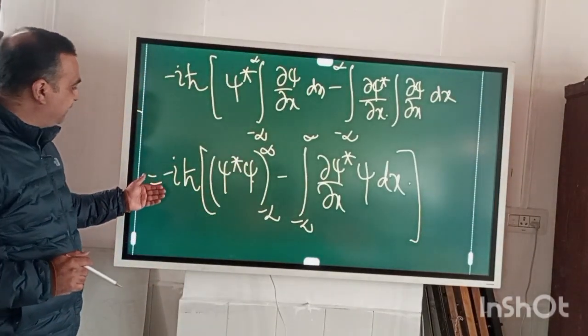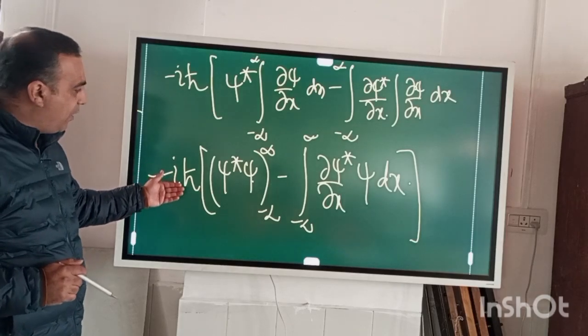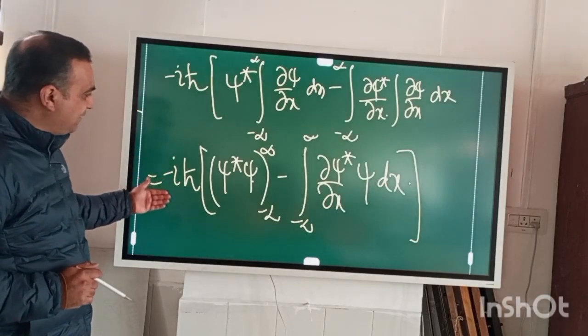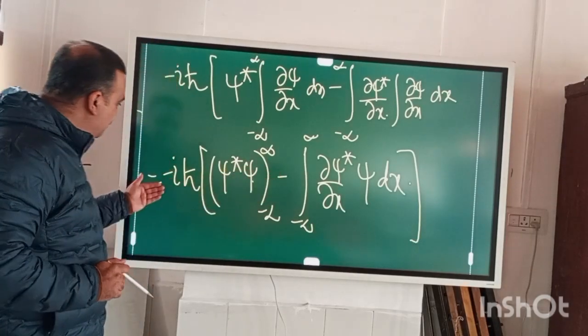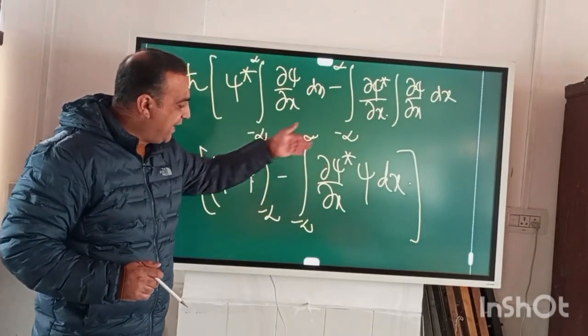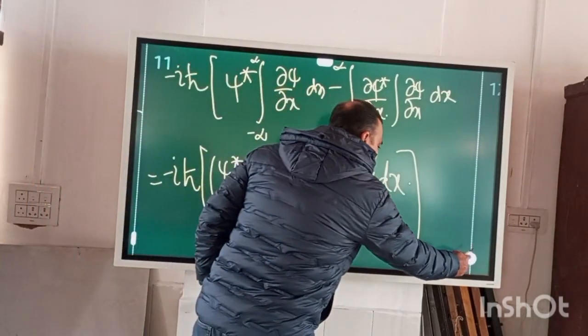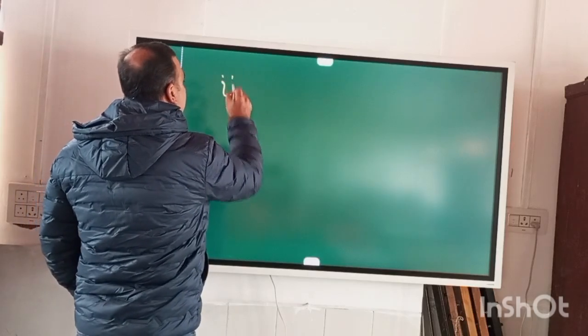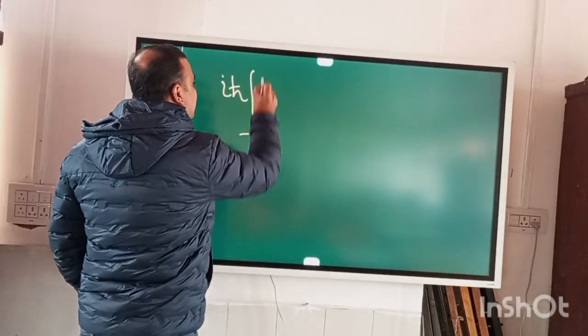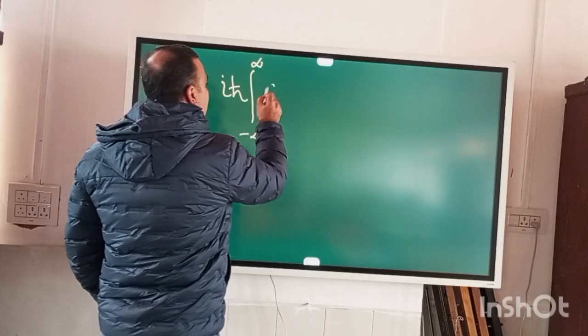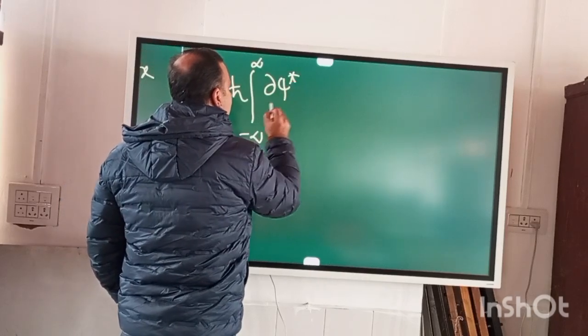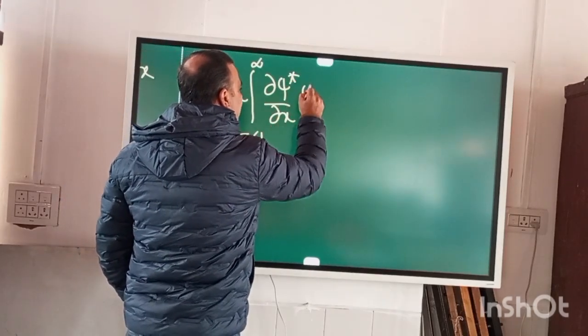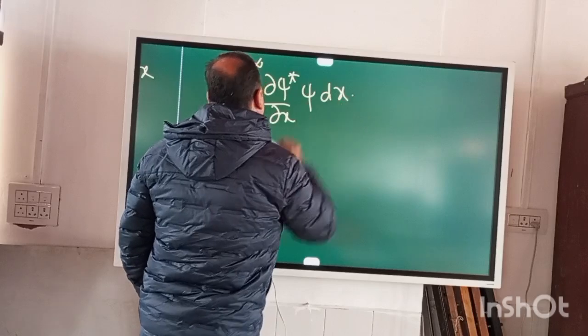So what we'll be left with is minus i h bar, and I will multiply this minus i h bar with this minus, so it will become plus i h bar times this term. So what will I obtain? I will obtain i h bar integral from minus infinity to infinity of dou psi star by dou x times psi dx.